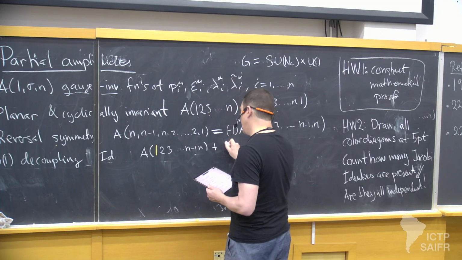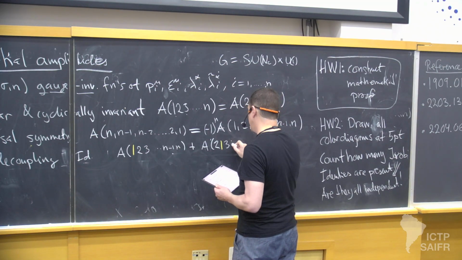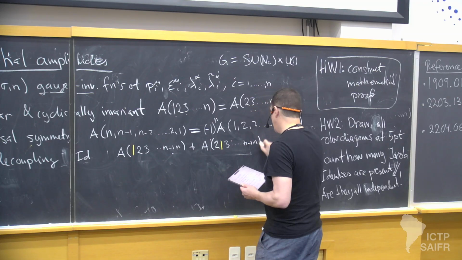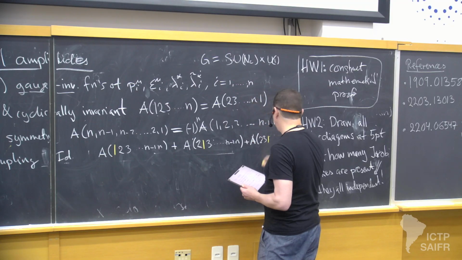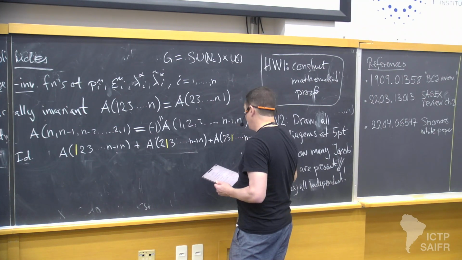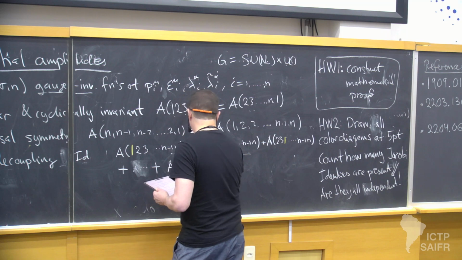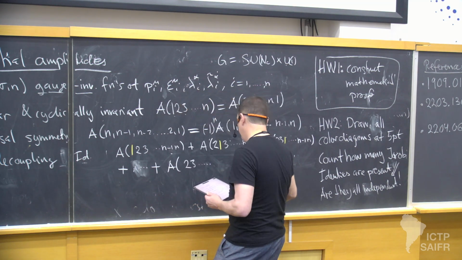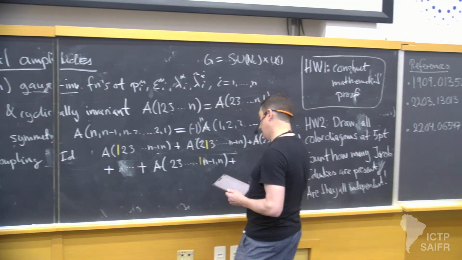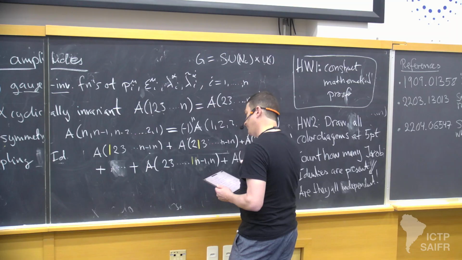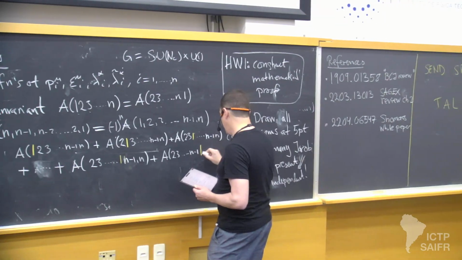Then you add the amplitude where you move this particle around, to the second slot, and then you keep moving it: 2, 3, 1, plus dot dot dot, a 2, 3, 1, and minus, and one more, a 1, n.